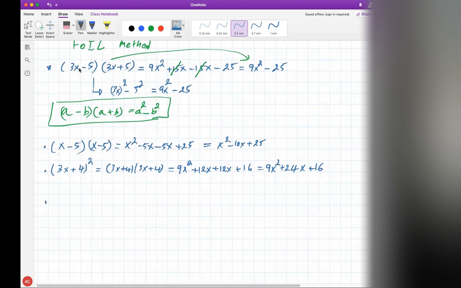Let me give you another one of these. Let's say you have x minus 3 times x plus 3. So it kind of looks like that. You can do this again in one step. What is this equal to if you apply the formula?